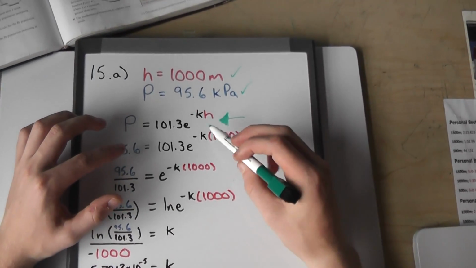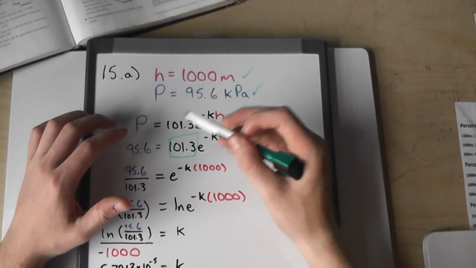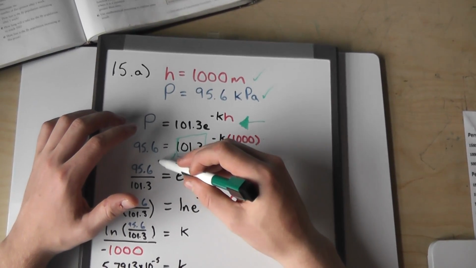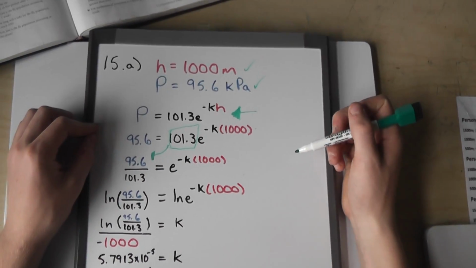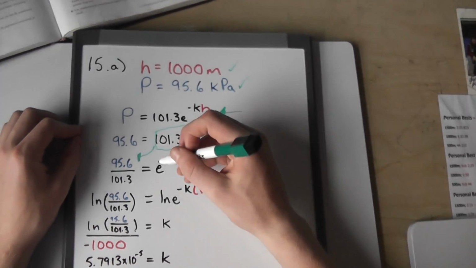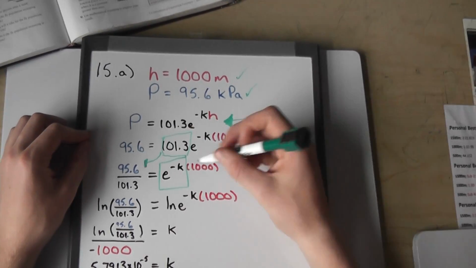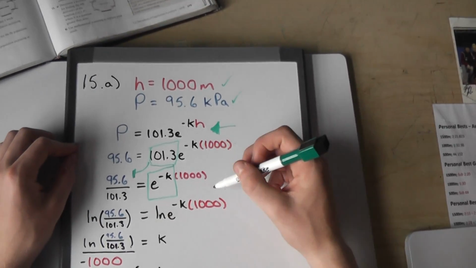Now we want to begin to solve for k. So first we're going to get rid of this. We do this by dividing, as shown here. Now we run into a little bit of a problem. Right now, k is in the exponent, and we want to bring down k.